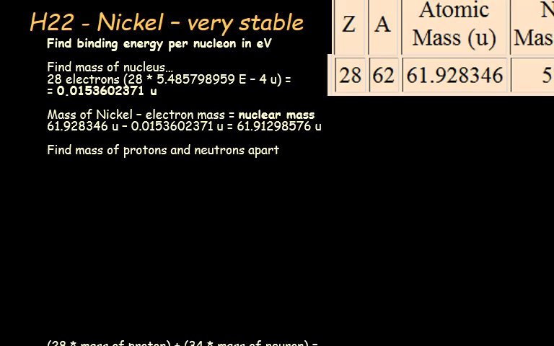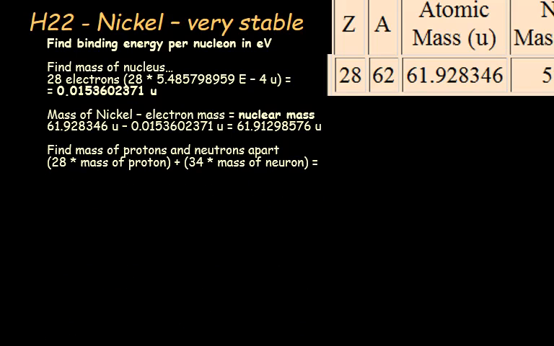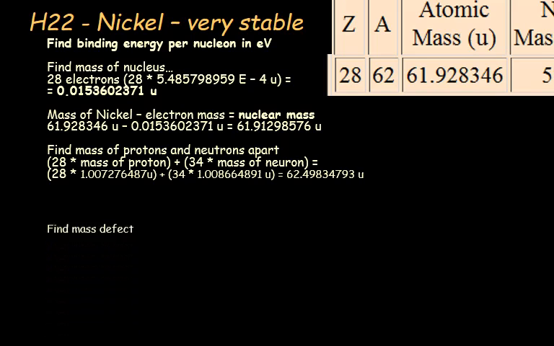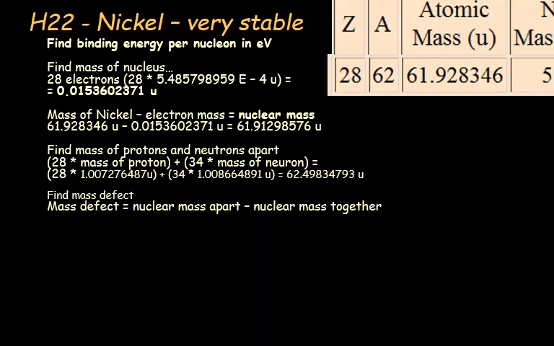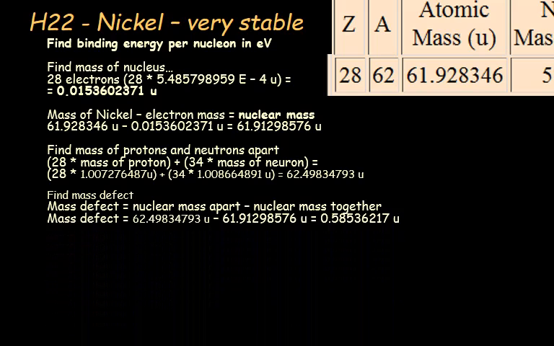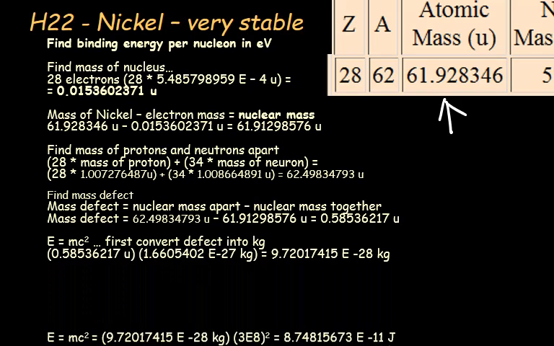Okay, so 28 protons, 34 neutrons, and we get a total mass of 62.49834.793. We can get our mass defect, the mass apart versus together. Together is the value given right here, and apart we've got there. So there's the mass defect, and we can convert to kilograms.